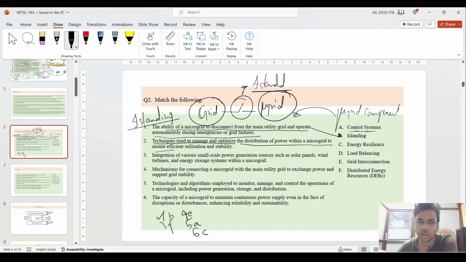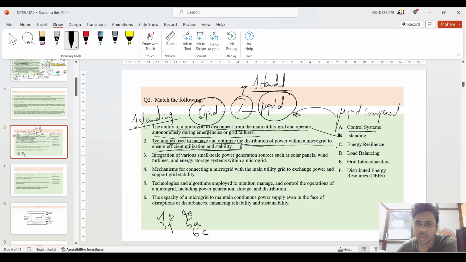So coming to the second part: a technique used to manage and optimize the distribution of power within a microgrid to ensure efficient utilization and stability. I will explain this statement based on one example. I have one question related to this: how does this efficient utilization of power happen within the microgrid and with the grid connected system also?